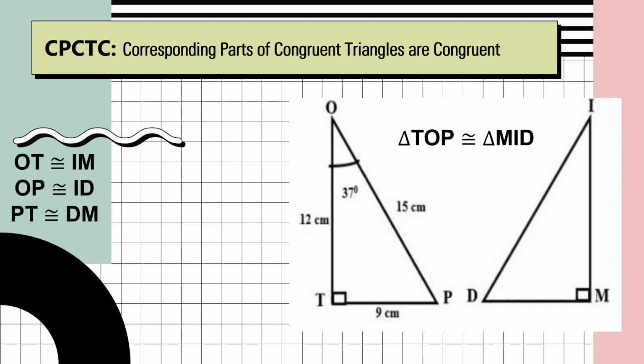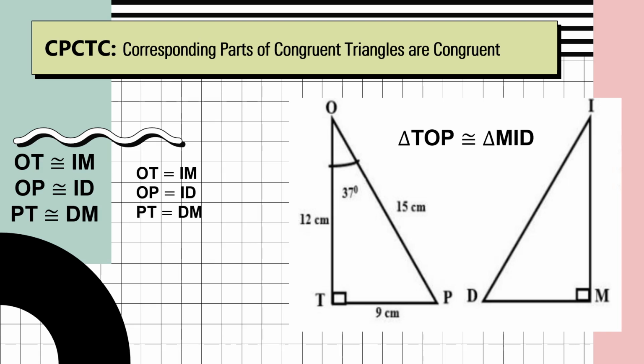So, we have line segment OT is congruent to line segment IM, and line segment OP is congruent to line segment ID, and the last one, line segment PT is congruent to line segment DM.